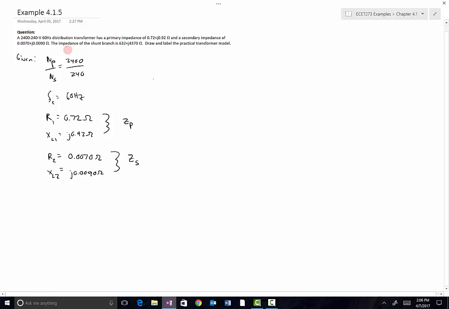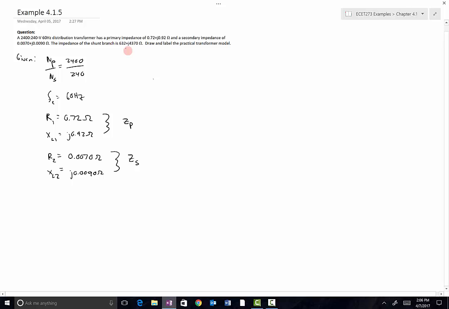Finally, we were given the impedance of the shunt branch. The series parameters have to do with the physical characteristics of the fact that transformers are made of coils of wire. So this represents the fact that it's a coil, and this represents that it's made of wire. The shunt branch, however, I won't go into too much detail, has to do with the losses due to actually magnetizing the primary side of the transformer.